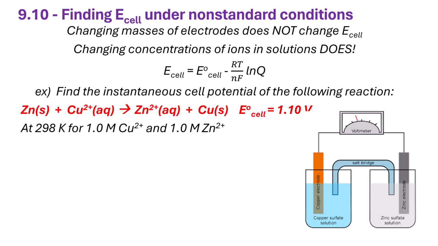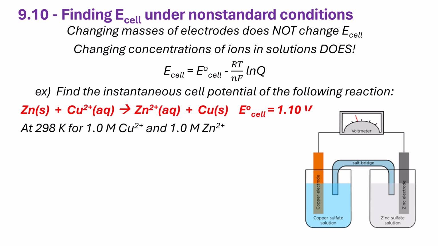Well, if we look at these values that we would potentially be subtracting here, R is a constant, T is 298 K, F is a constant, n is number of moles, but we're multiplying them by the natural log of Q. Well, Q is just products over reactants, each raised to the power of their coefficients at that moment in time.